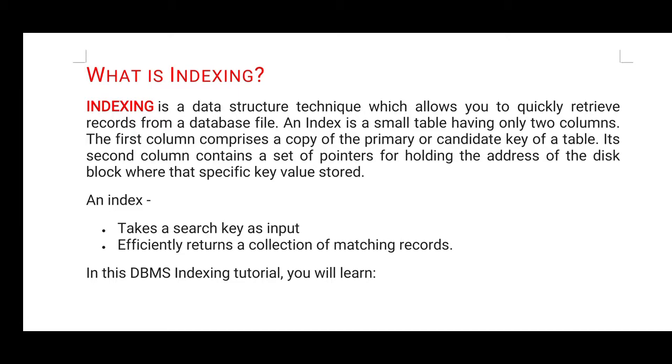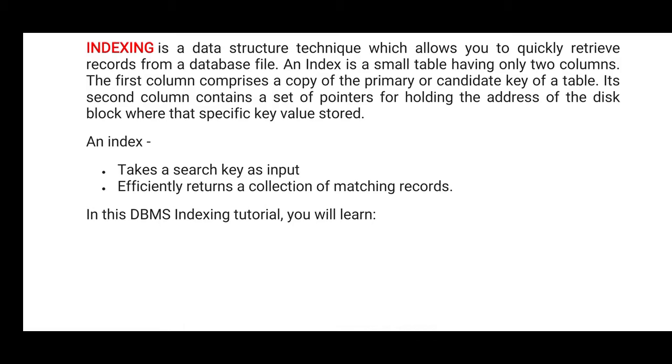We have an index, a small table with two columns. The first column contains a copy of the primary key or candidate key of a table. The second column contains a set of pointers holding the address of the disk block where the specific key value is stored.